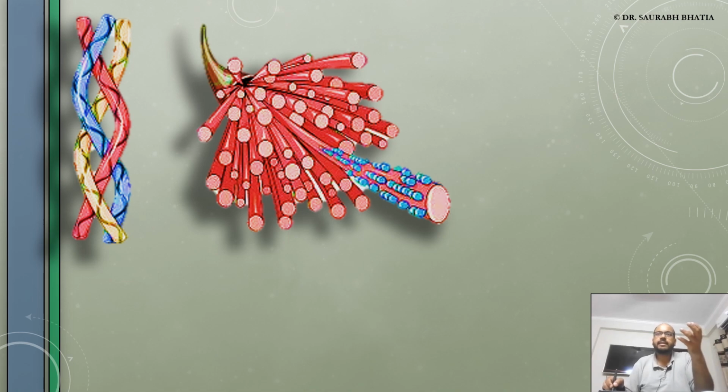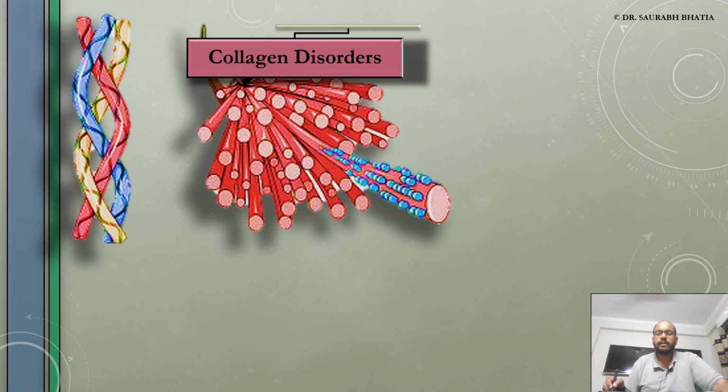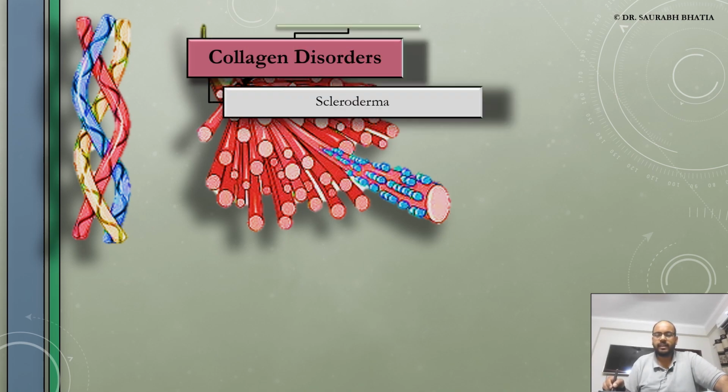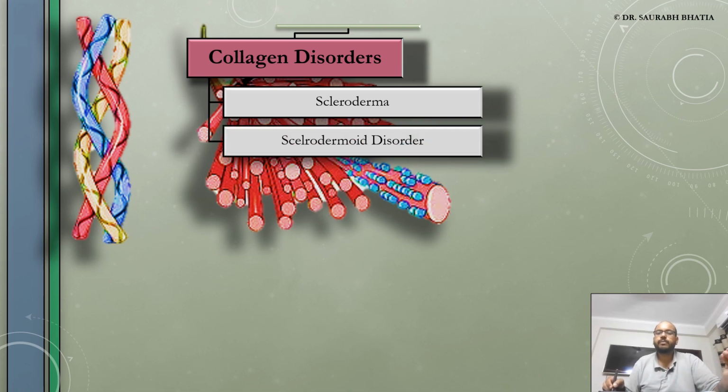So now we'll start classifying collagenous disorders so that we can discuss them separately. So you have collagen disorders. The first is scleroderma, in which there is thickening of the skin. Then we have sclerodermoid disorders, that means disorders which look like scleroderma, but not exactly scleroderma.